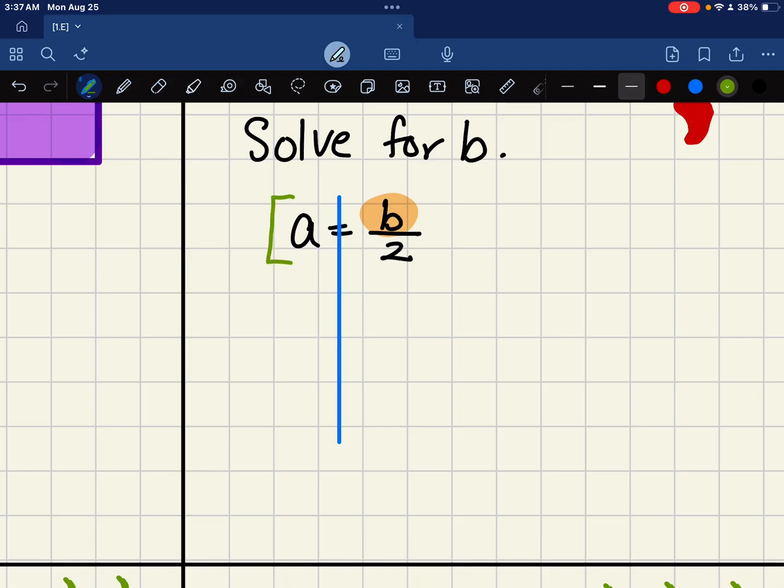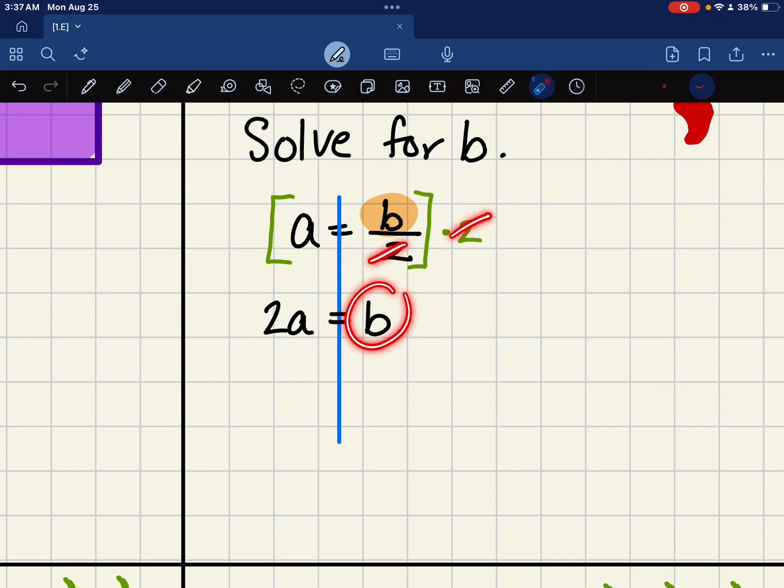So the inverse operation of dividing by 2 is to multiply by 2. So on the left-hand side, a turns into 2a. And on the right-hand side, the b's cancel each other, the 2's cancel each other, leaving me with b. And now that b is isolated, I'm happy.